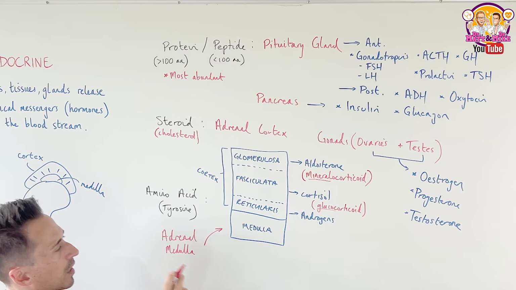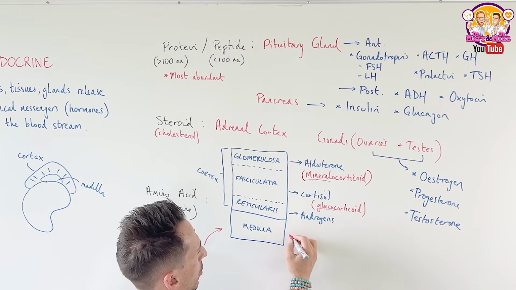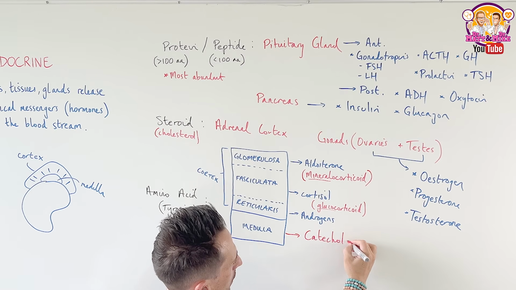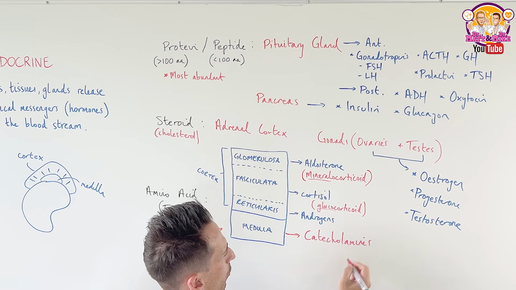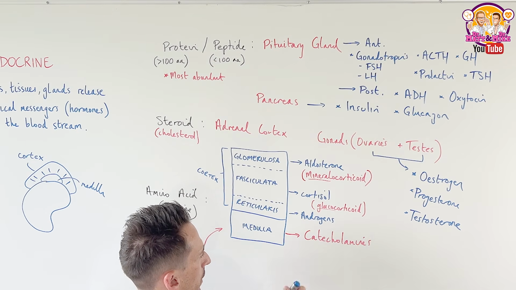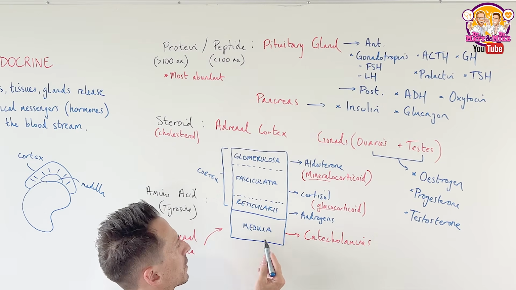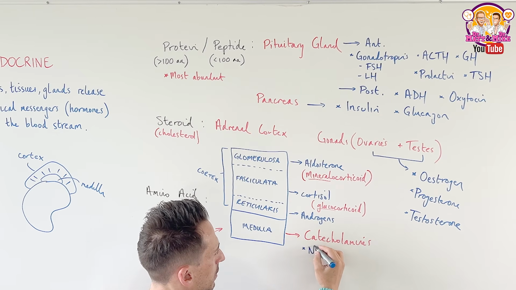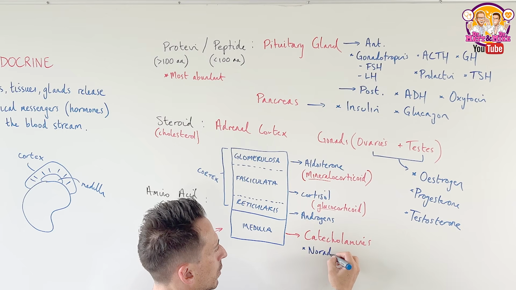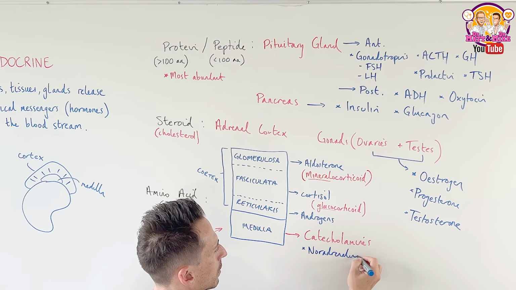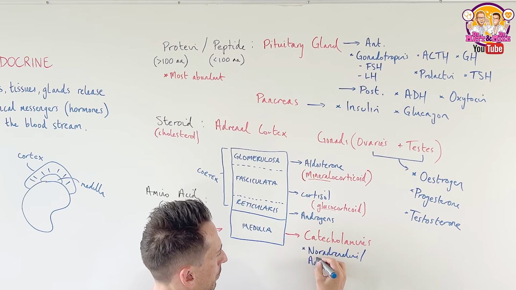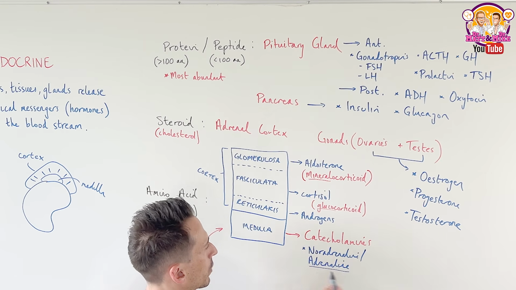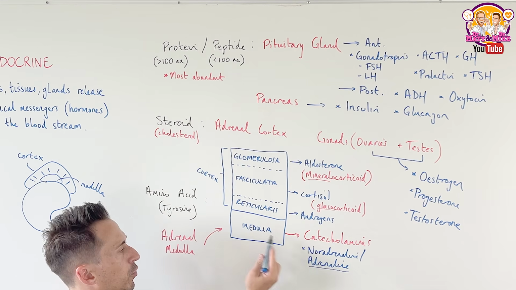And the adrenal medulla produces the catecholamines. Now, what are the catecholamines? Specifically, the medulla produces one important catecholamine, or you could say two, noradrenaline and adrenaline. Similar but different. Mostly it's adrenaline that gets released from the adrenal medulla.